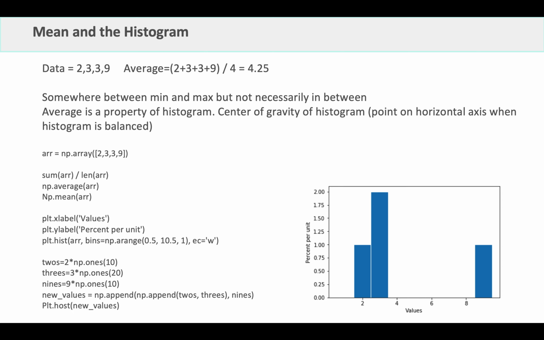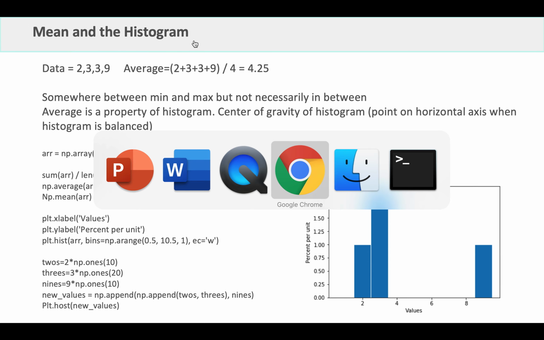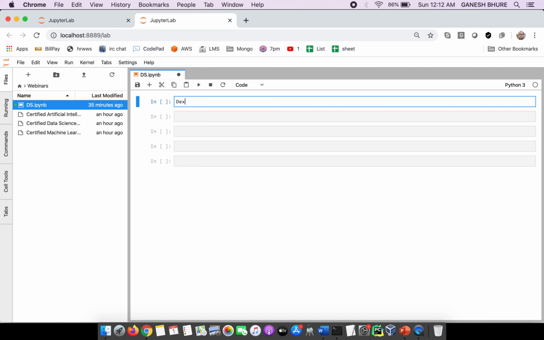There are two types of statistics we will be discussing. Before I jump onto this slide which you are seeing now, there is something called descriptive statistics, and there is something called inferential statistics.